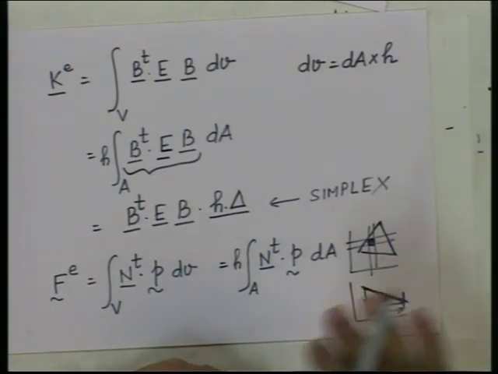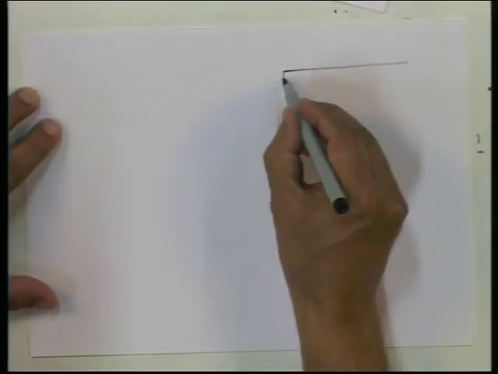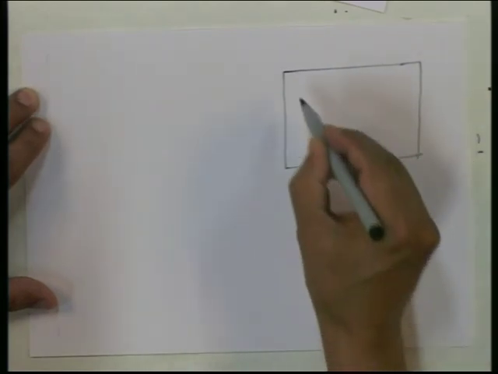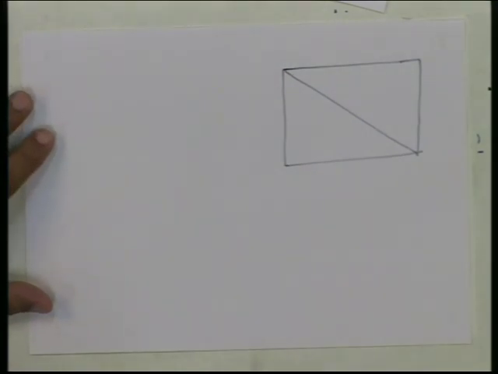For your textbook problem, yes, I can put my points in such a way that the discretization is like that, but it will not happen in general. If it is a rectangular region, yes, two triangles, two are right angle.